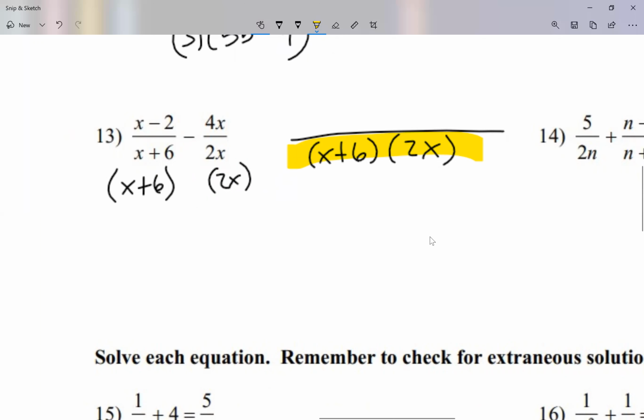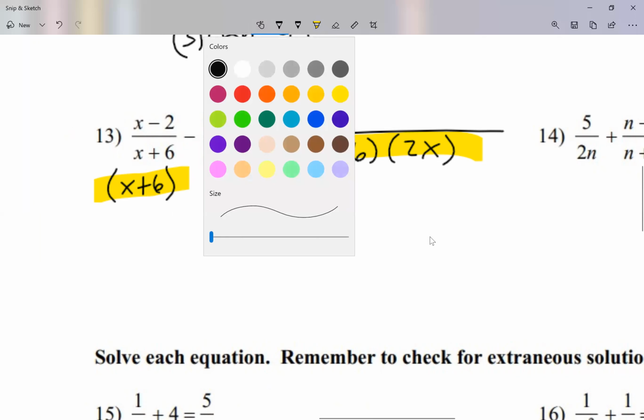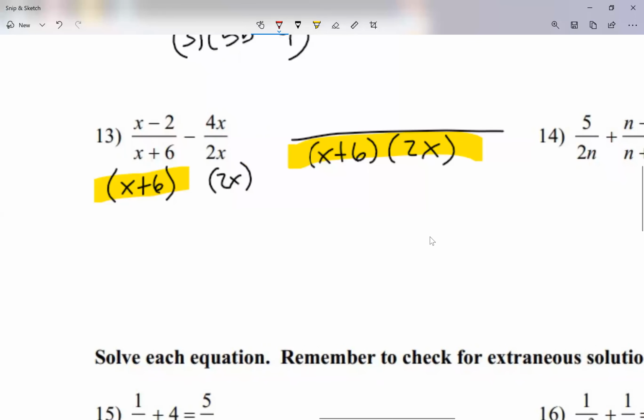And then my first fraction. And I ask myself, what does my common denominator have that my first fraction does not?